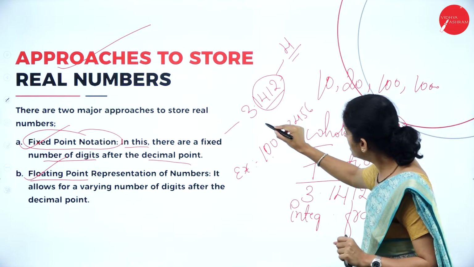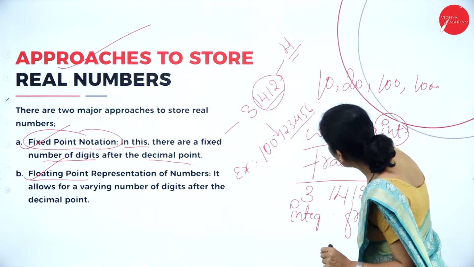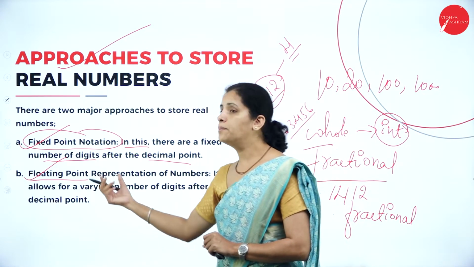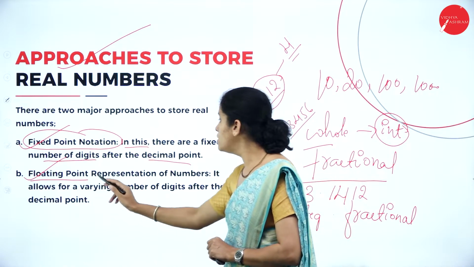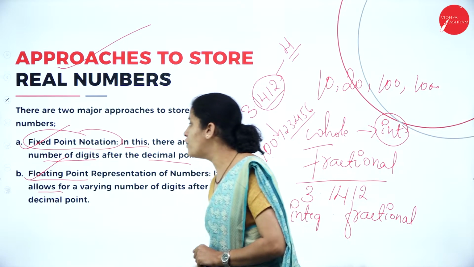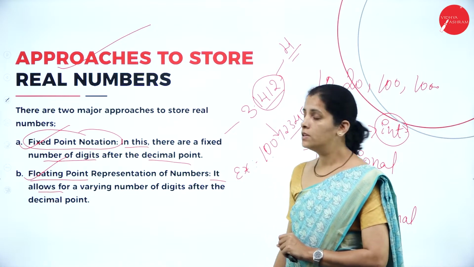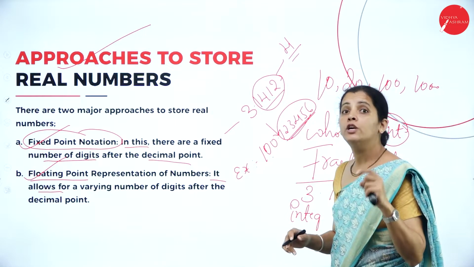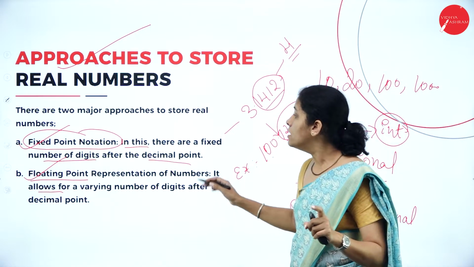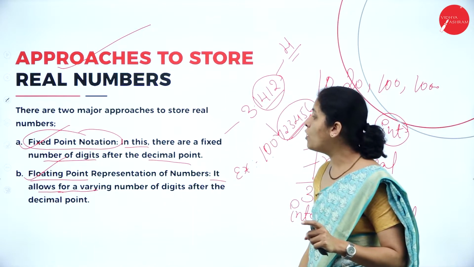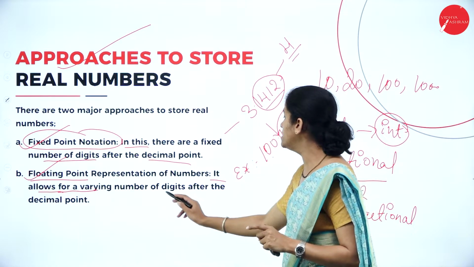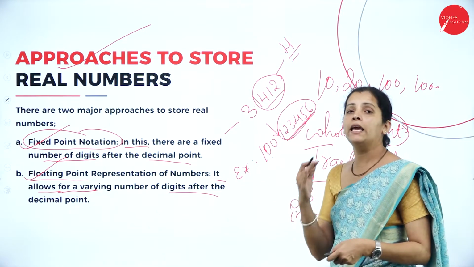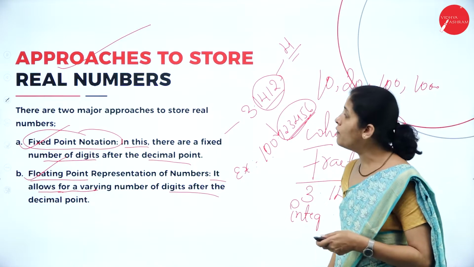I repeat, after this decimal point, I'm going to have variable length of digits, and that is known as floating point representation. So it allows for a varying number. The floating point number can be varied according to the user need. So it allows for varying number of digits after the decimal point.